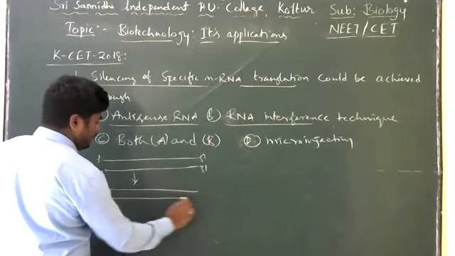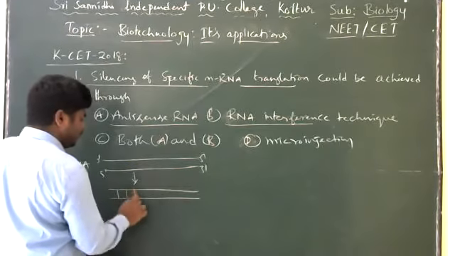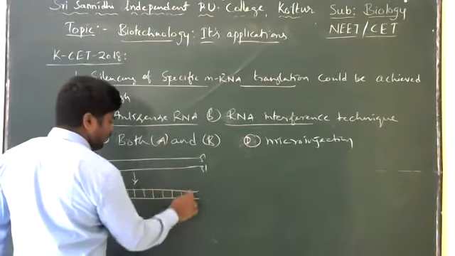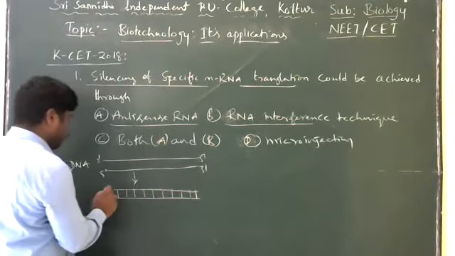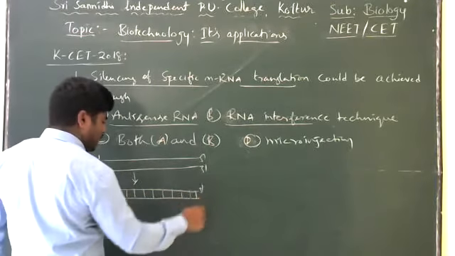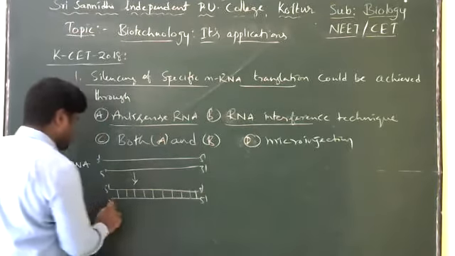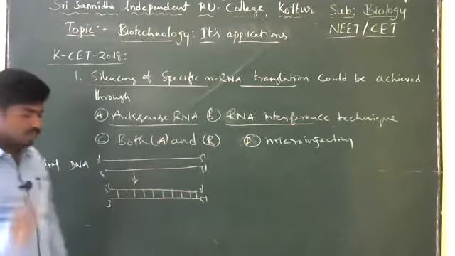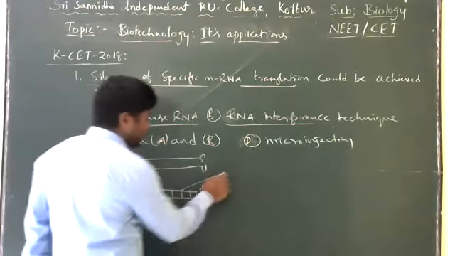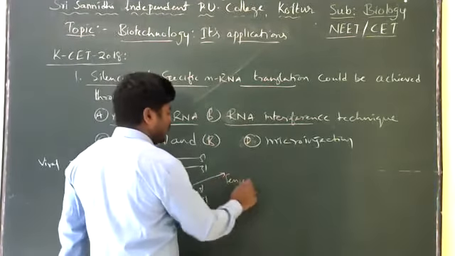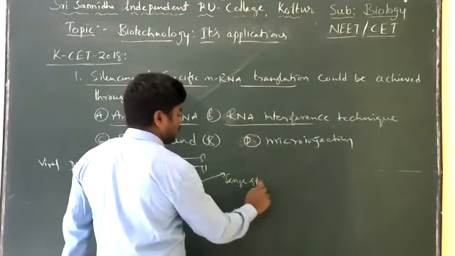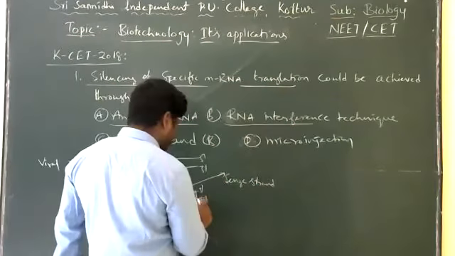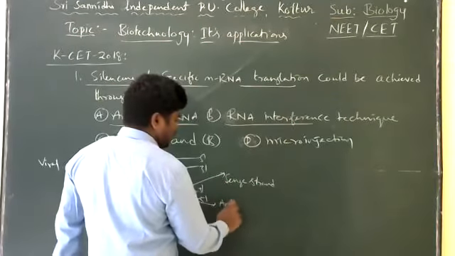These two mRNAs go into a double-stranded condition. If you observe this mRNA, two strands are formed: one is the sense strand and one is the antisense strand. The strand with 5' to 3' polarity is called the sense strand, and the opposite strand is called antisense.